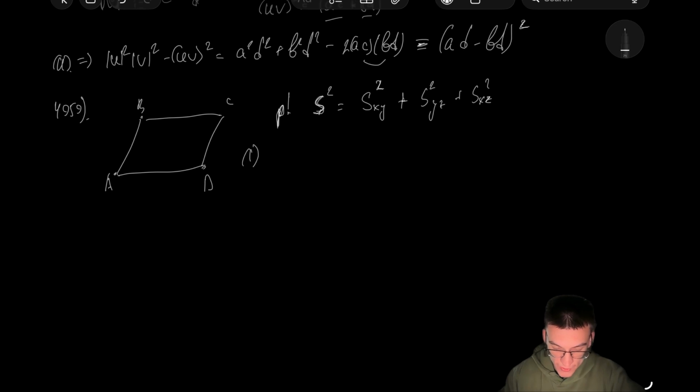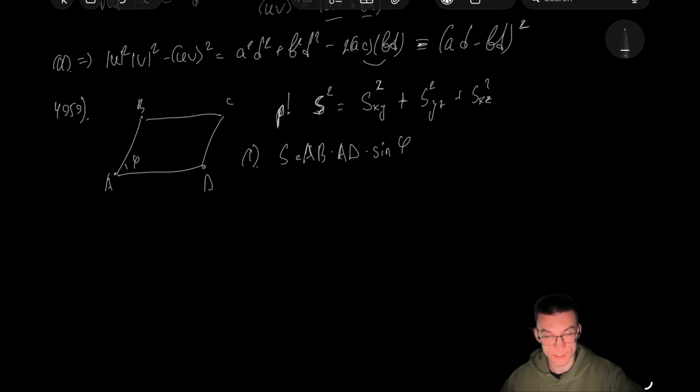Now, we already know that S is essentially AB times AD times the sine of the angle between them. That's a well-known fact from planimetry, from Euclidean geometry. Let me denote this side as vector a and this side as vector b. And this will turn into the following identity: AB times the sine of the angle is the absolute value, or magnitude, of the cross product of vectors a and b.